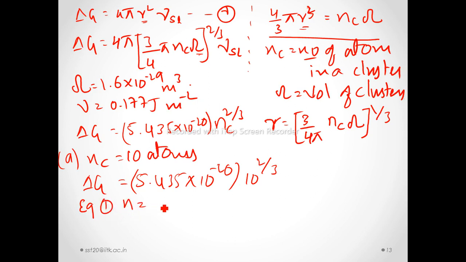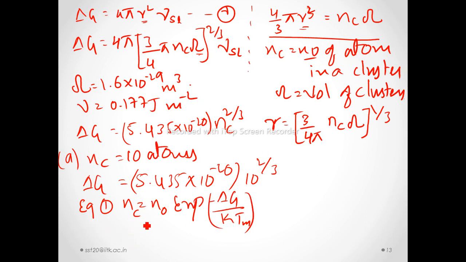1, that is n is equals to n naught into number of clusters, NC is equals to n naught into exponential of minus delta G divided by KT.